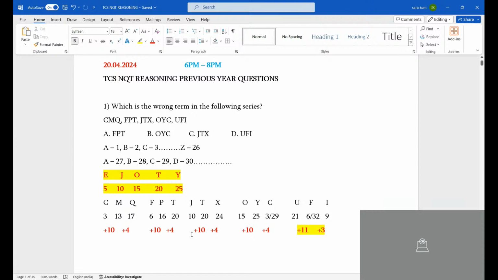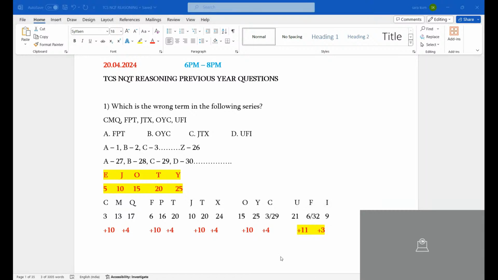So you can see the pattern here. It is plus 10, plus 4, plus 10, plus 4, right? And here the pattern is not right. It is plus 11 and 3. So this one is the odd man out. This is the set of alphabets which doesn't belong here.